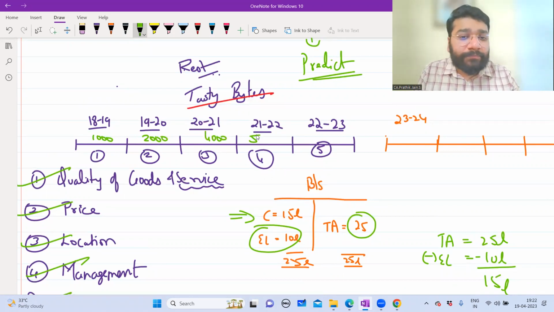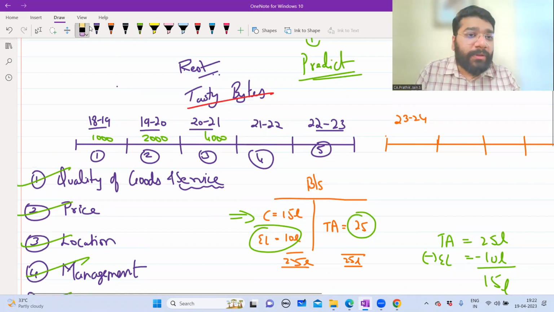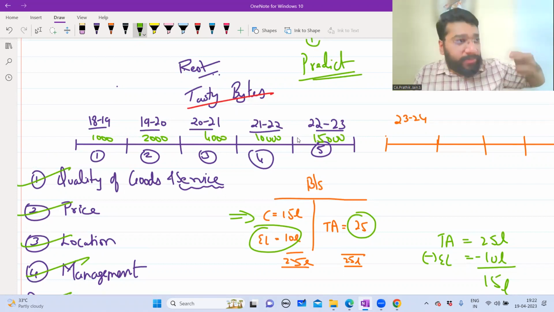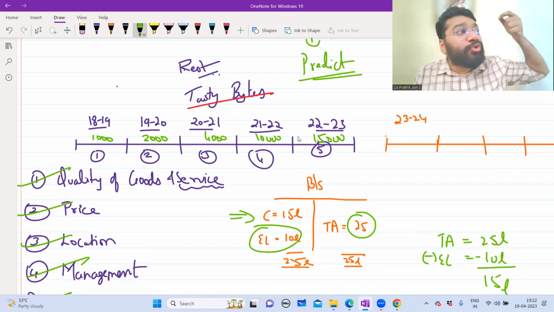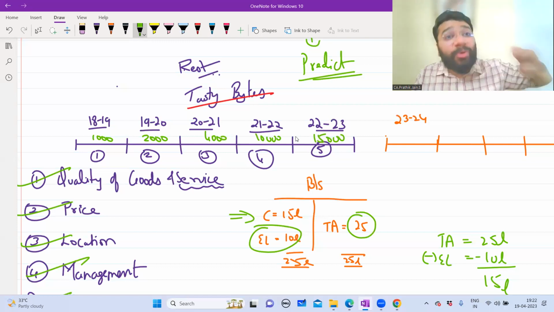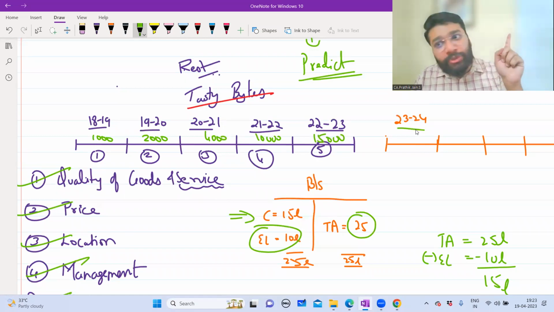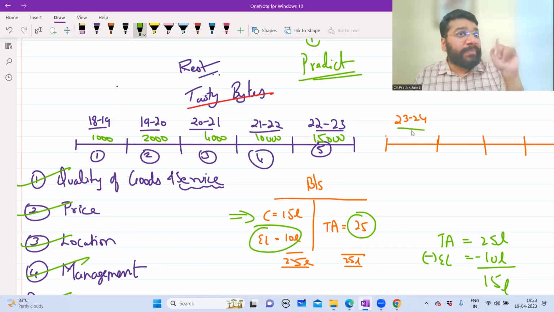Then 10,000. Now it has become 15,000. So in the present year, which has just gone by, you have serviced 15,000 clients. Now, when Annapurna is taking over this brand, please understand, he will continue the same branding. He is not going to keep it as Annapurna.